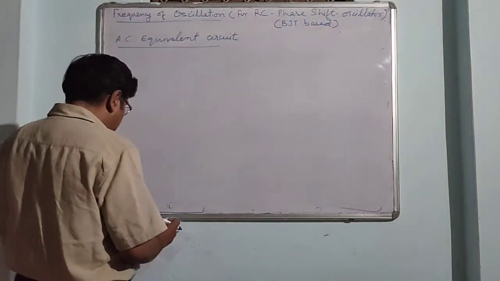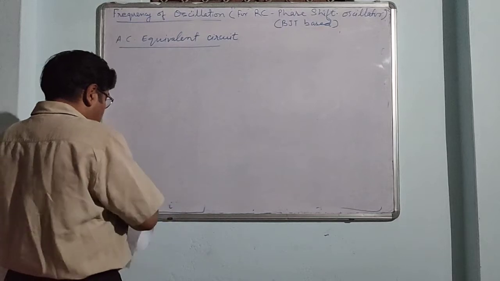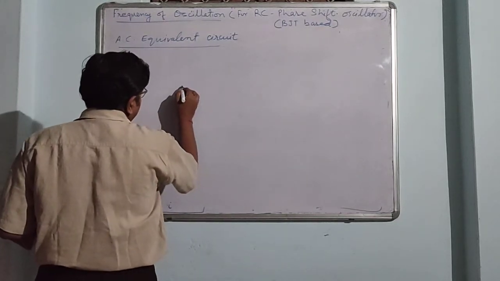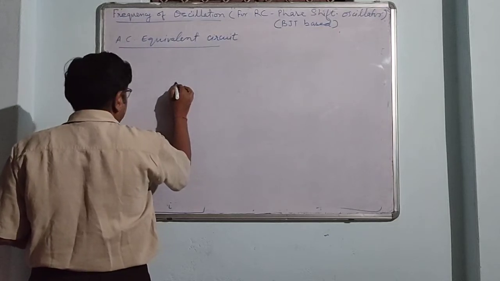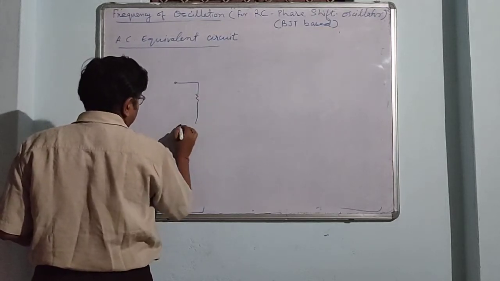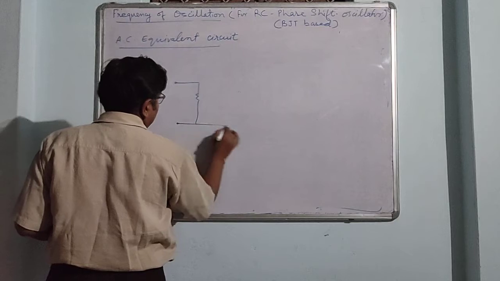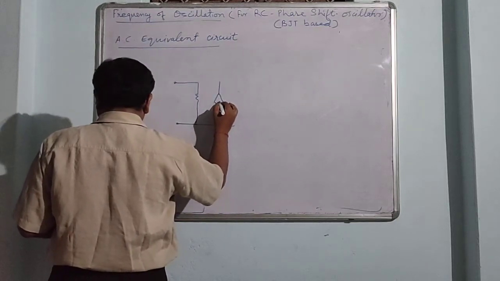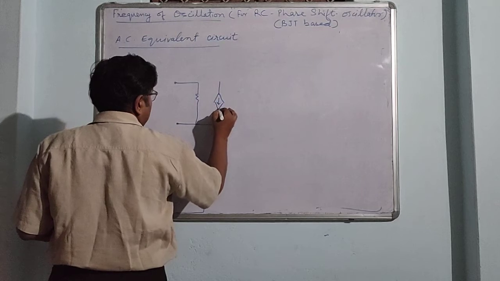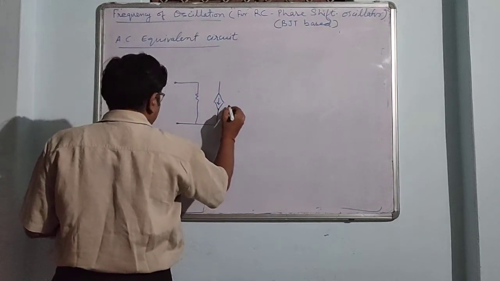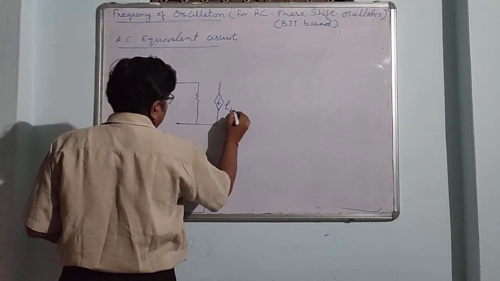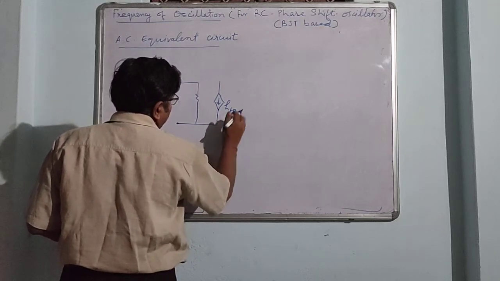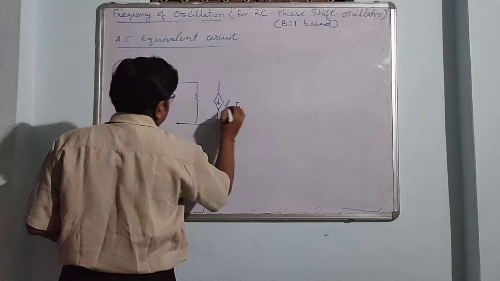In the equivalent circuit, the BJT is replaced by its hybrid pi model. Here we have a dependent current source, which depends upon the input current. So this is hFE IB.